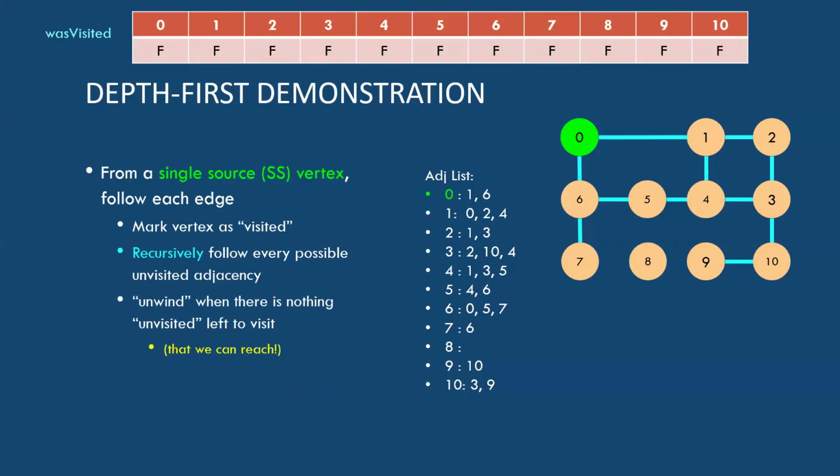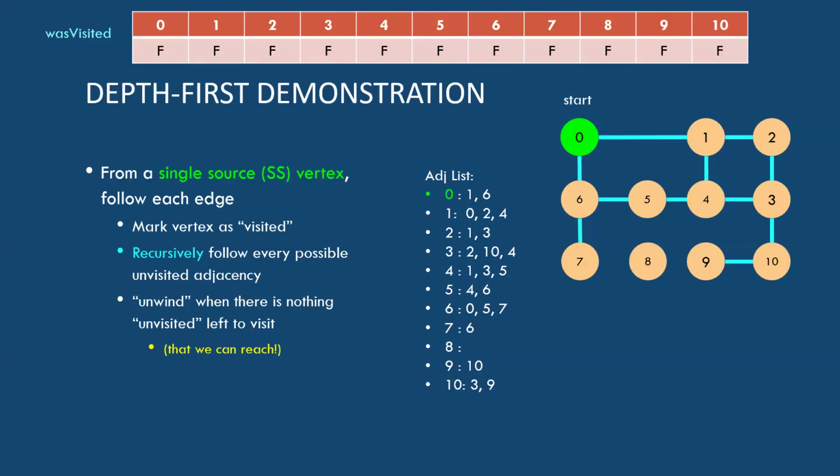And I'm going to recursively follow its adjacencies, and every time I jump to another adjacency, I will mark that one as visited as well, okay? So as we travel down using our adjacency list to guide our recursive traversal, we will drop breadcrumbs in this array up here so that we don't get lost in the maze going around and around, okay? But along the way, we will essentially discover whether or not all of these vertices are reachable.